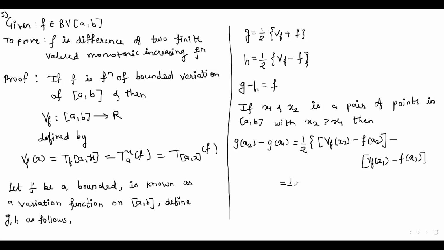So this is equals to half of variation of function over x2 minus variation of function over x1. We have just rearranged these terms, and plus f of x2 minus f of x1. So let this be number 2.